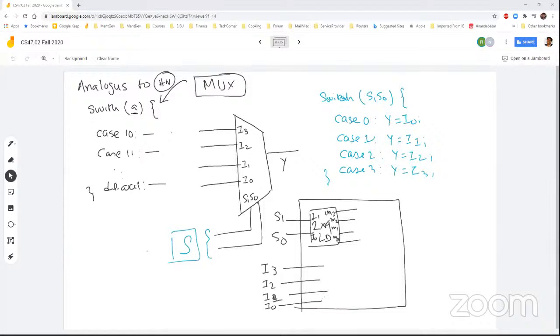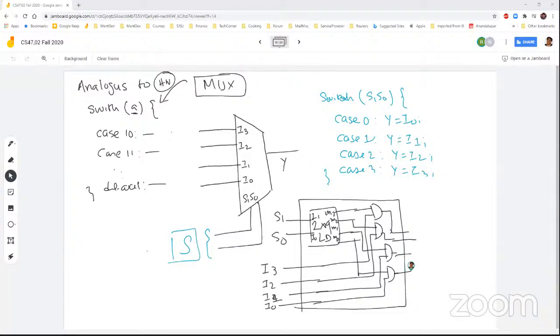So I3 is ANDed with M3, M2 is ANDed with I2, M1 is ANDed with I1, and M0 is ANDed with I0, and all these are ORed together to give you the Y. So my component boundary is not this, but it's more like this.